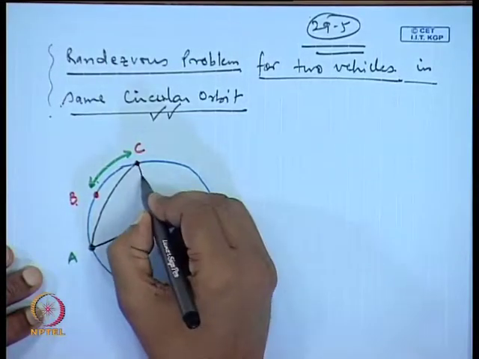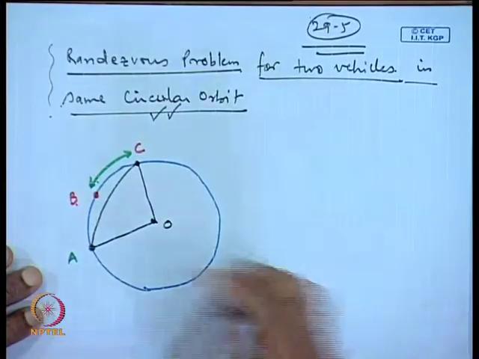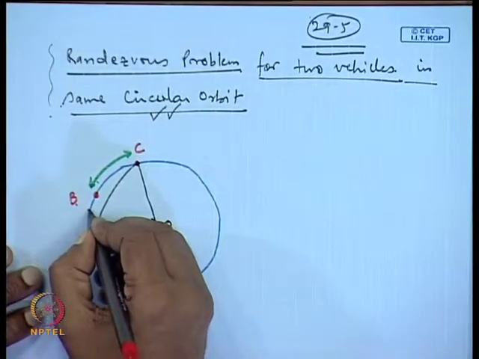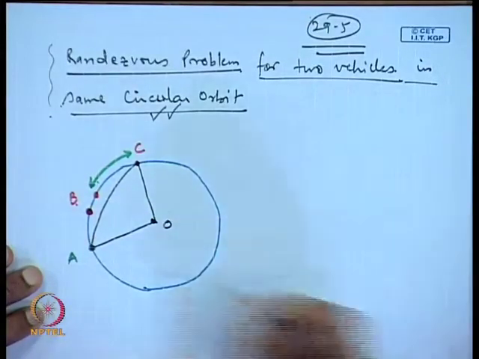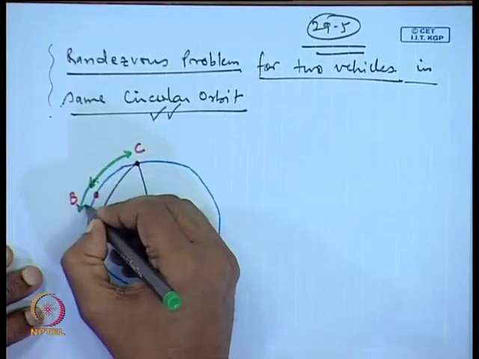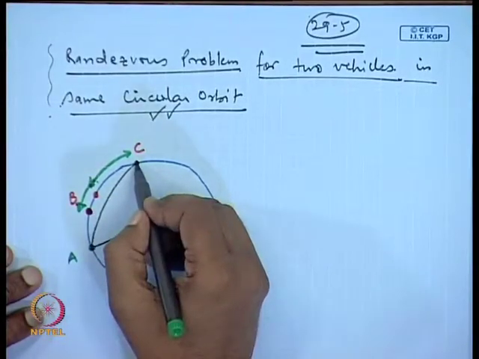So, we join these two places, and let us say this is the position of B. So, satellite B will move from this position to this position.